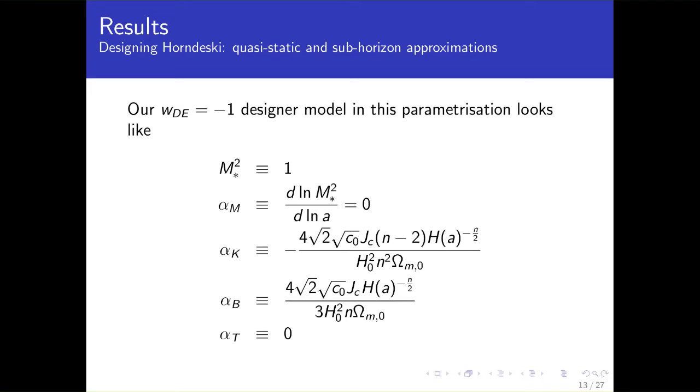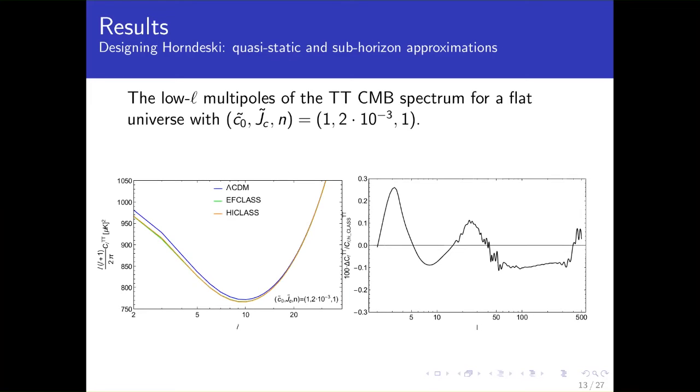So what we did is that we implemented our designed model in hi_class, which does not use any approximation, and with our expressions for the effective fluid description of Horndeski, we implemented it in the CLASS code, in the default CLASS code.